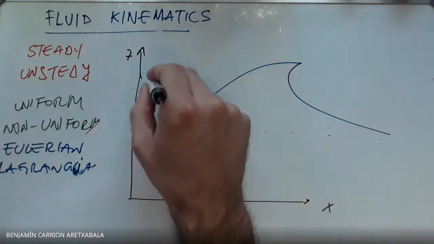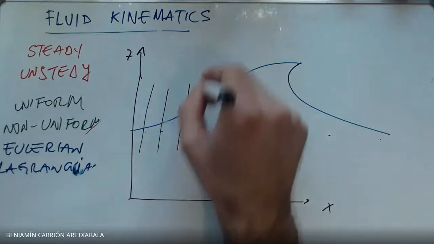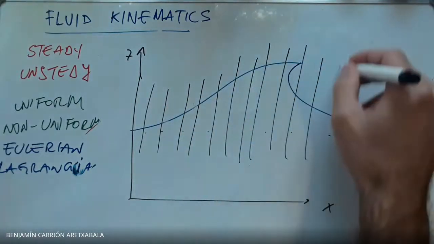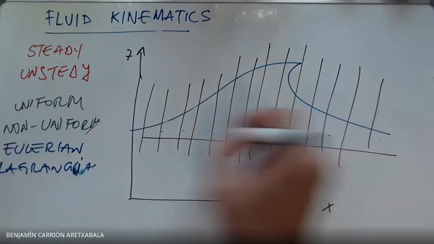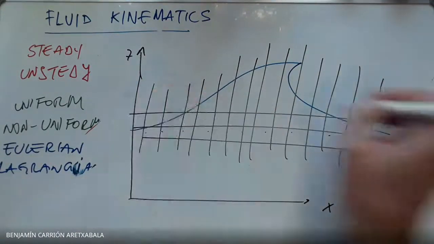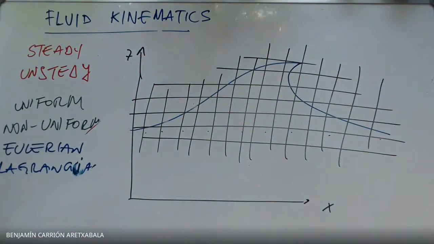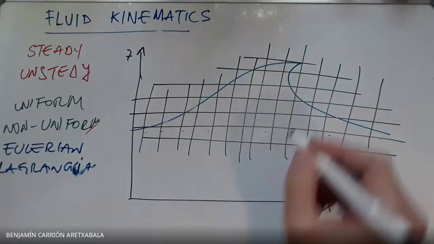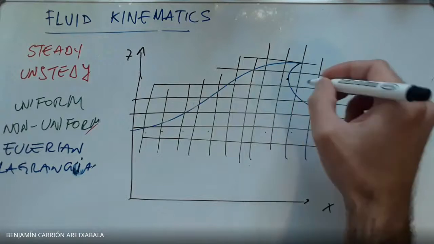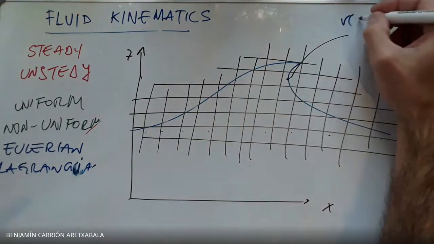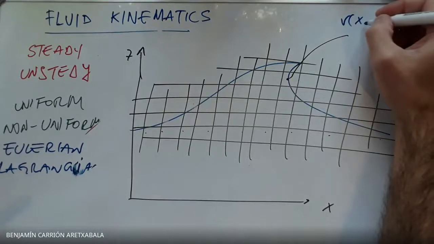Let's say this is going to be a mesh, something like that. So I'm going to have a mesh that's going to tell me the velocity at each point or the pressure at each point. Okay, so if I look here, I'm going to have a certain velocity that depends on x, z, and time, right?